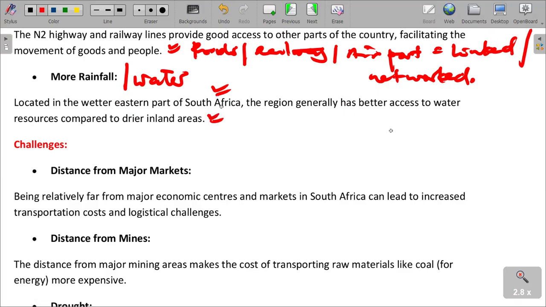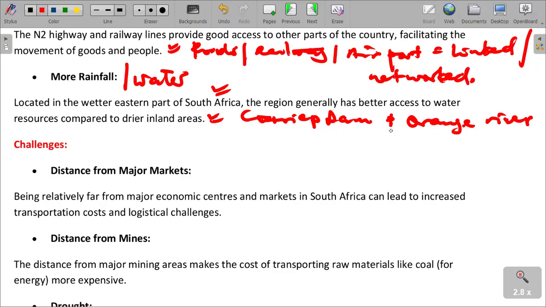So what we need to understand is that in this case, this region is supplied with water from Hariebi Dam. We have got water from Hariebi Dam, which lies in the tributaries of Orange River.